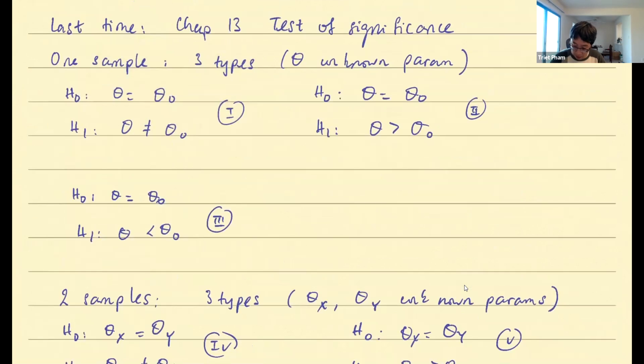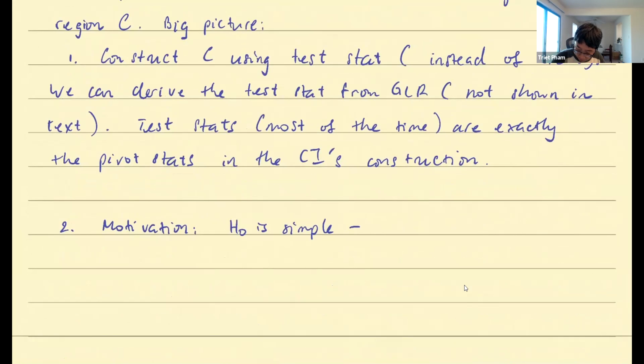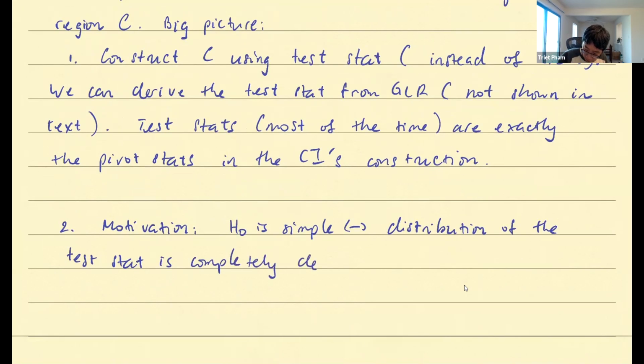What that means is that the distribution of the test stat is exactly determined, completely determined, under the null. And that is probably the motivation for going directly to the test stat to construct the rejection region in this kind of hypothesis test that we're going to consider.